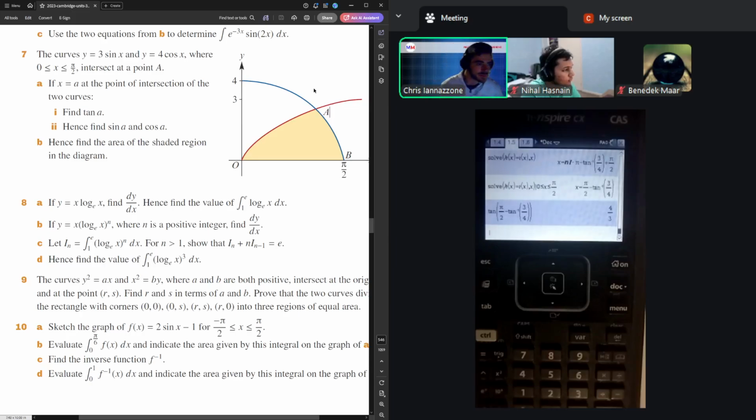We know what tan is, and we could just shove those into sine and cos, shove the same a angle in there. There's another way of going about it if I suddenly rip the CAS out of your hands, or let's say the CAS died. Think about the relationship between tan, sine, and cos.